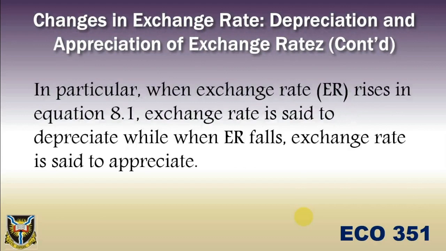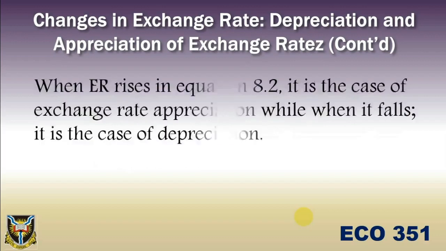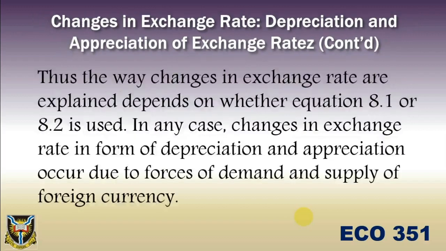In particular, when the exchange rate rises in equation 8.1, exchange rate is said to depreciate, while when the exchange rate falls, exchange rate is said to appreciate. When exchange rate rises in equation 8.2, it is the case of exchange rate appreciation, while when it falls, it is the case of depreciation. Thus, the way changes in exchange rate are explained depends on whether equation 8.1 or 8.2 is used.